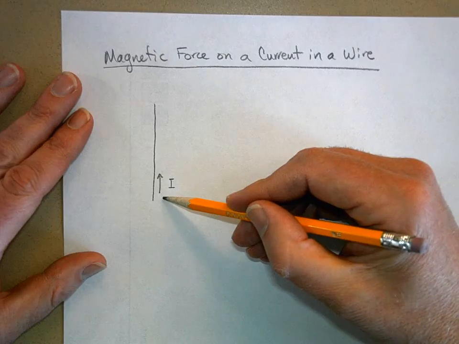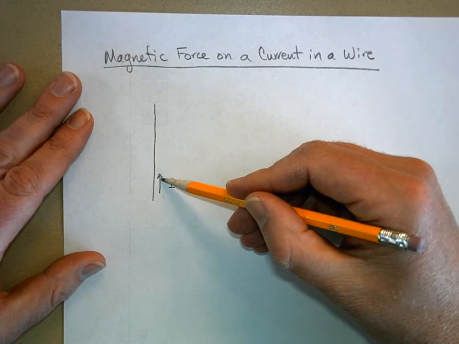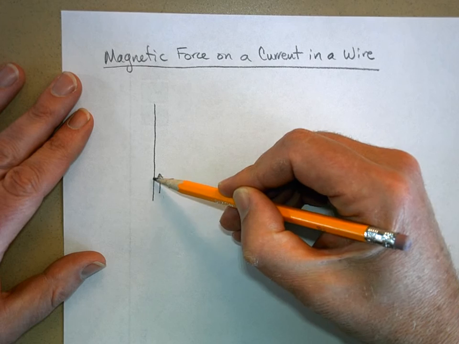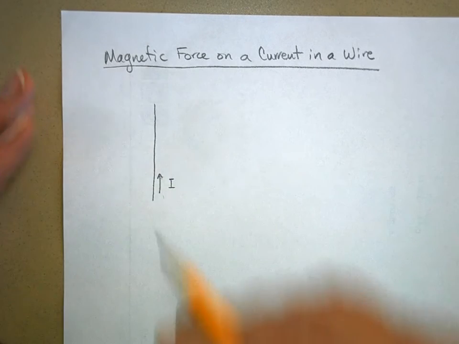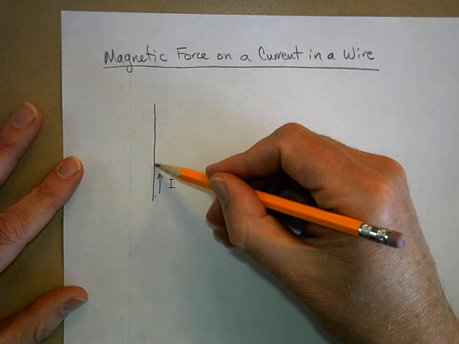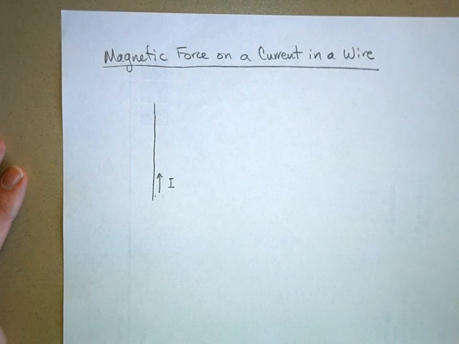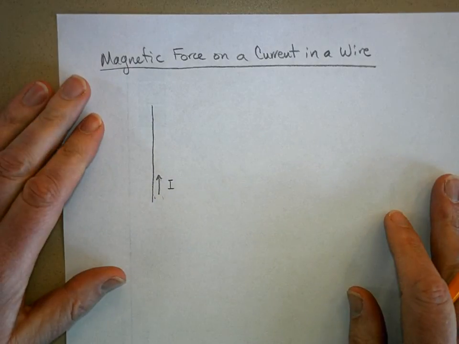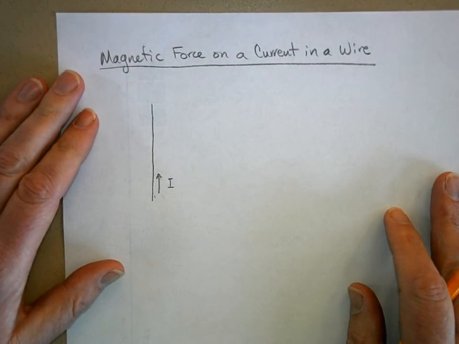So if I draw the current like this, what's really happening is electrons are moving down the wire slowly with some drift velocity. But in our imaginations, we imagine that it's the positive charge carriers going the opposite way. We have to. That's just convention, and we're never going to change it, so just deal with it.